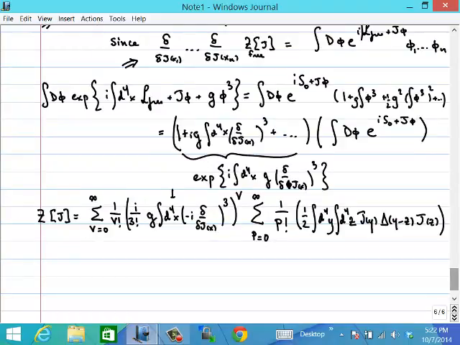So now what I would like to do is to start thinking about terms in this sum. And I would like to associate a diagram with each one of these terms in the sum. And in fact, my choice of these variables p and v is not an accident, because v is the number of powers of the coupling constant g that appears.